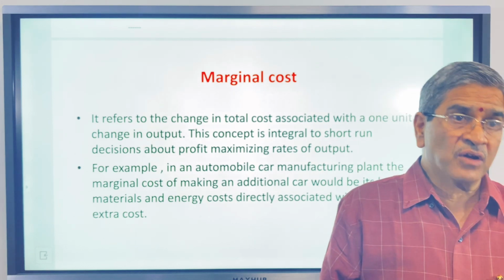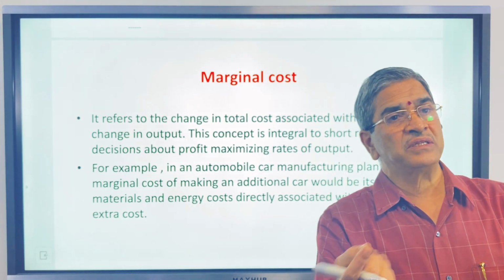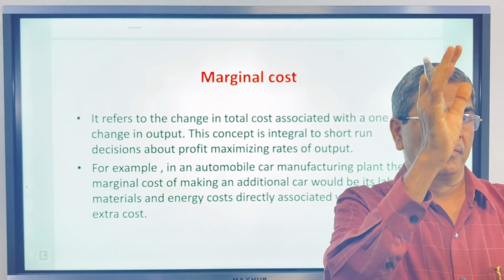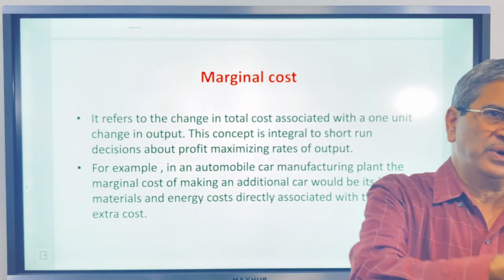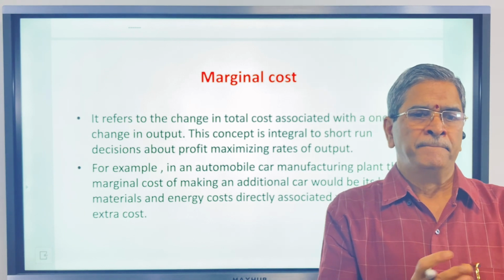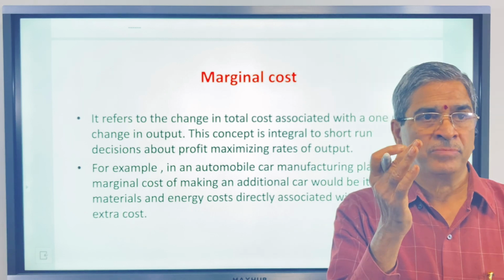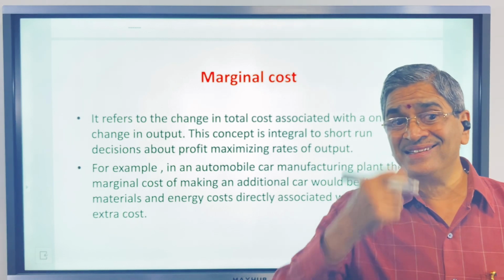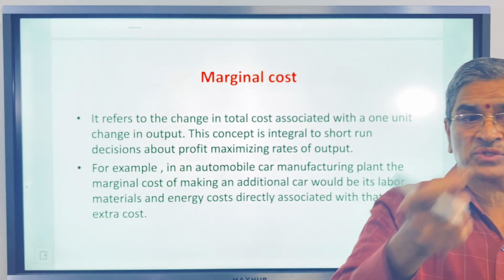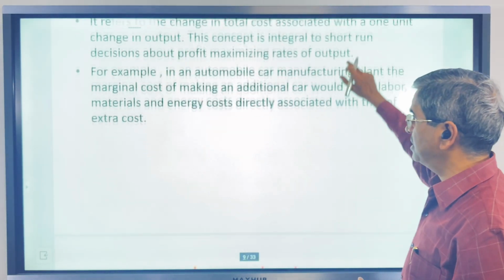A change in the quantity will make your cost also increase. If you want to produce 1 unit extra, Q1 to Q2, you are increasing the output, then the cost also will go up. So that additional cost which you are incurring to produce an additional unit is called marginal cost.